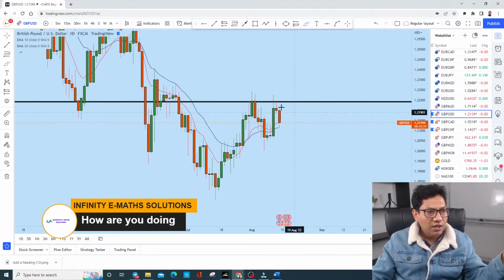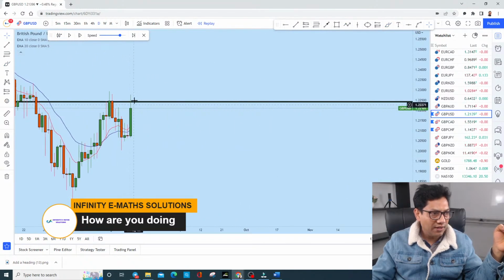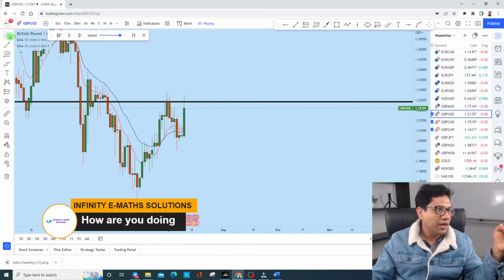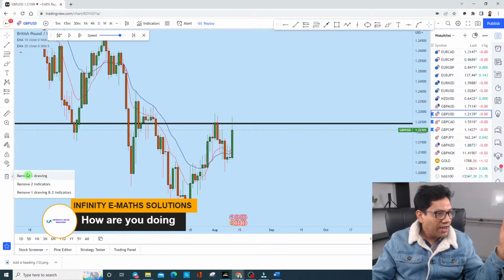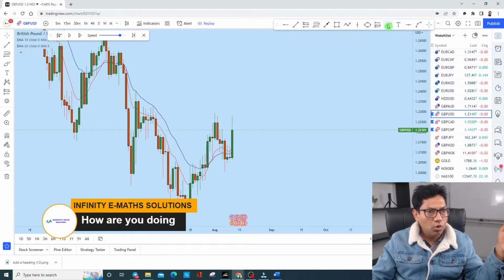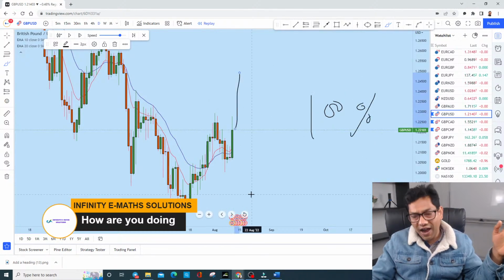Now on the daily, you see that this doji has been formed. Before that doji, the one I made the analysis on yesterday, when the price was like this, this is the daily chart. From this chart, I can tell you almost 100% guaranteed that the price will not break this high.